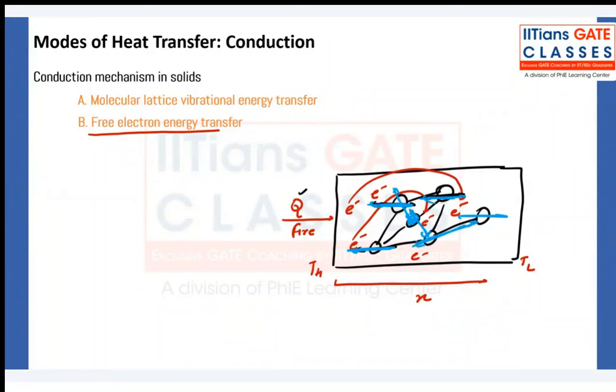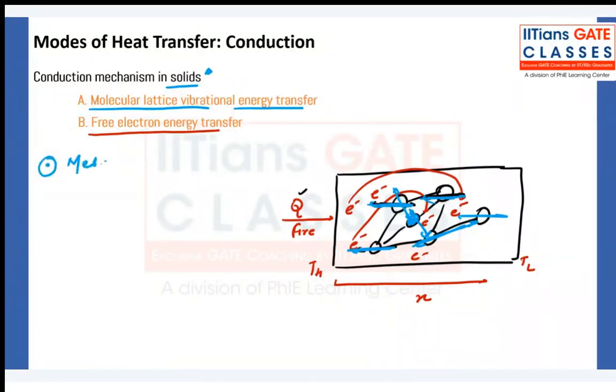So energy transfer takes place in solids because of molecular lattice vibration and because of free electrons. It is very important: I am talking about solids here, not liquids or gases. There are two phenomena: molecular lattice vibration energy transfer and free electron energy transfer.